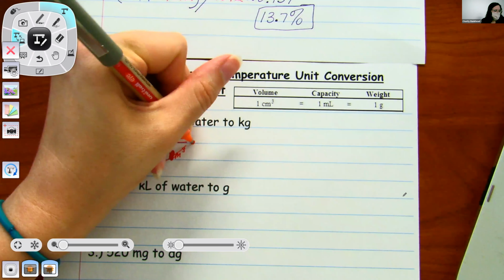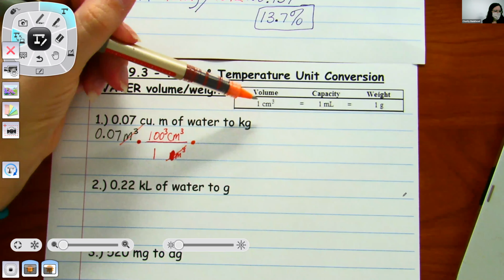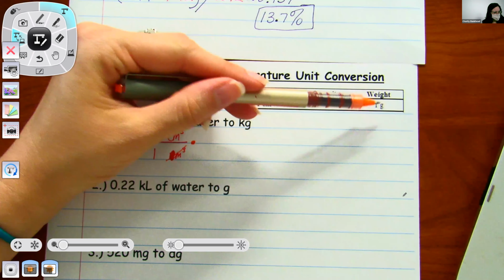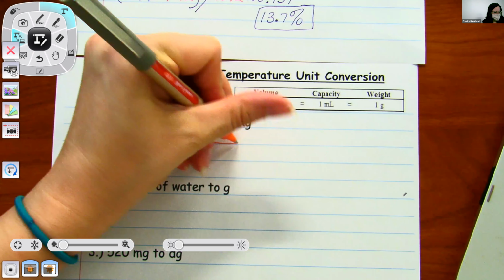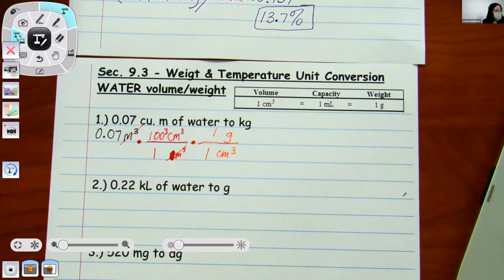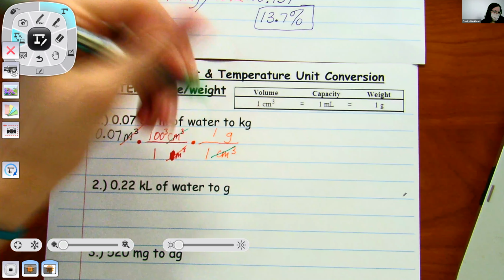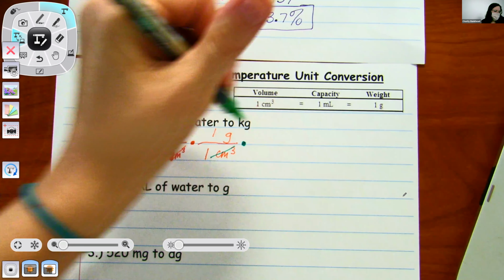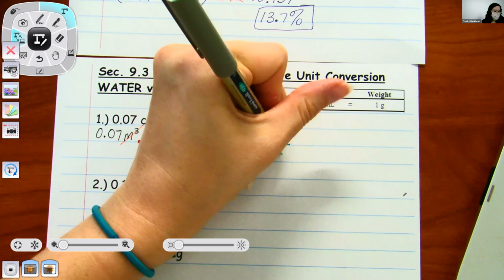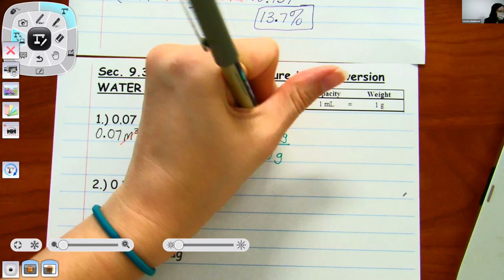Then I can convert from cubic centimeters to grams because I know that 1 cubic centimeter of water weighs 1 gram. And then I can convert from grams to kilograms, and I know that 1 kilogram has 1,000 grams.